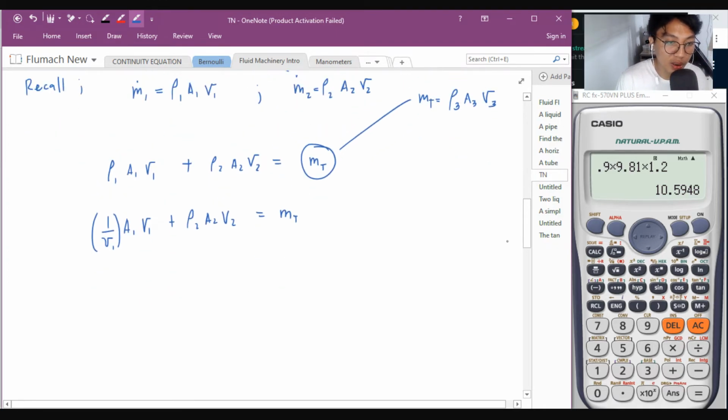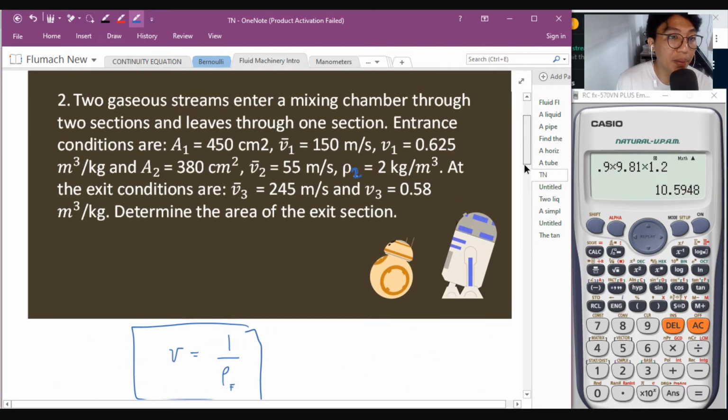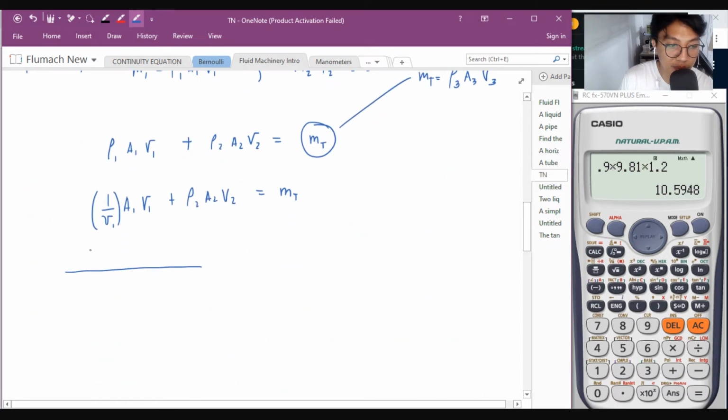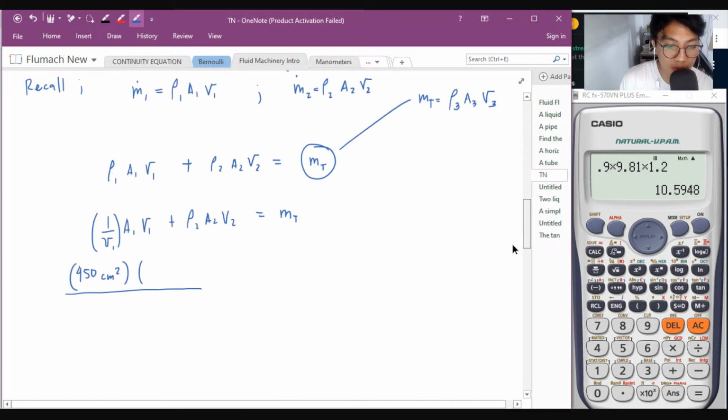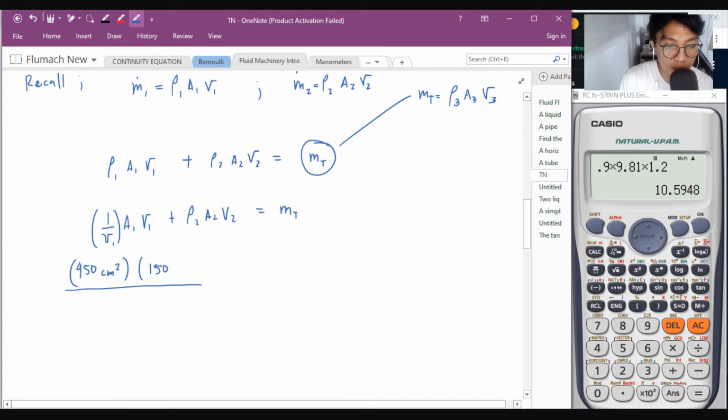Reform natin. Okay? Area 1. What is area 1 given there? Area 1 is 450 cm squared. Okay. Check. Velocity 1. That is 150 meter per second. Okay. So, specific volume.